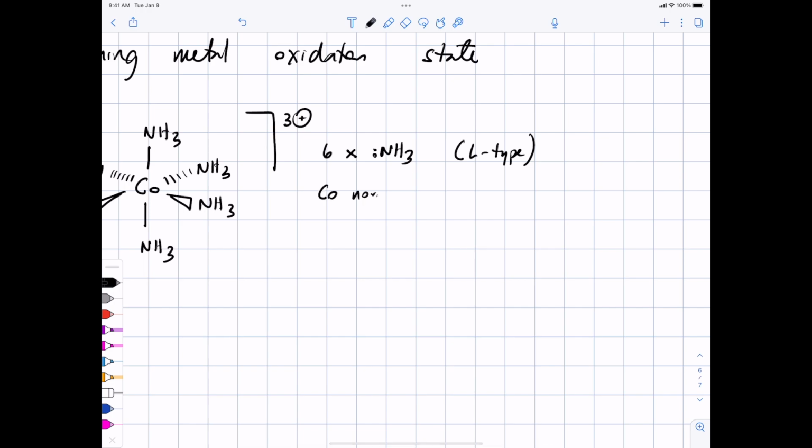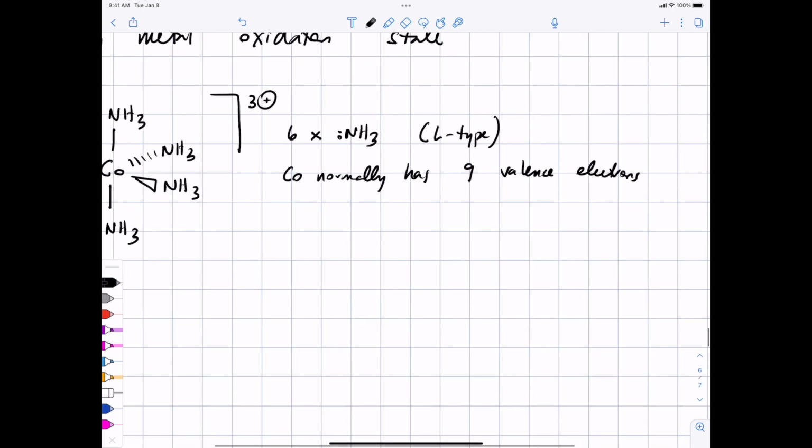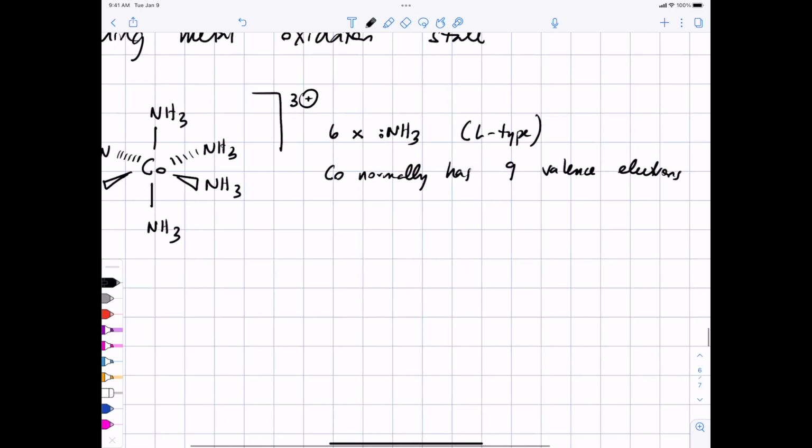Cobalt normally has 9 valence electrons. Okay, so we're going to take the overall number of valence electrons from cobalt, 9. We're going to subtract 3 because that's the charge on the complex.